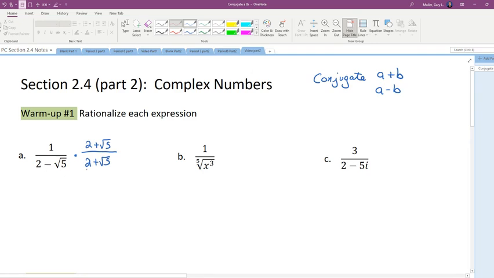So 2 times 2 is 4, and I get plus 2 root 5, and I get minus 2 root 5, and then negative times a positive is a negative. Root 5 times root 5 is root 25, or just 5. The two middle terms cancel out, and now I'm left with 4 minus 5, and I get negative 1 in the denominator.